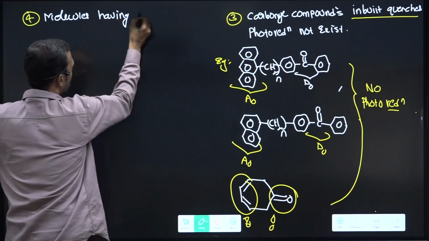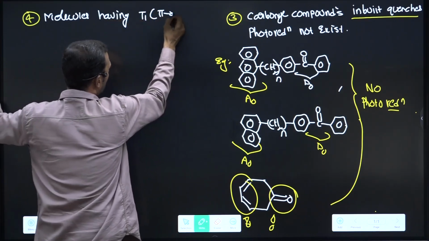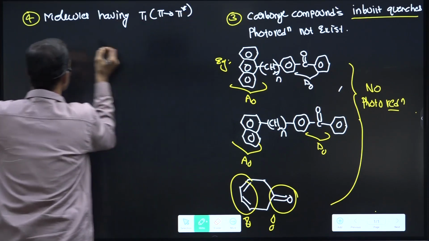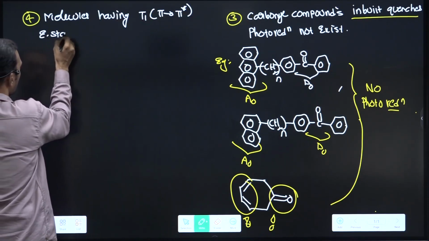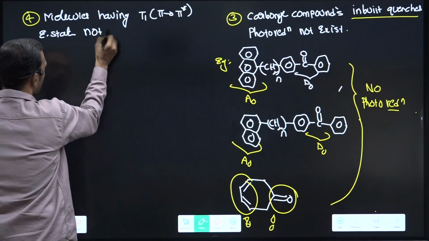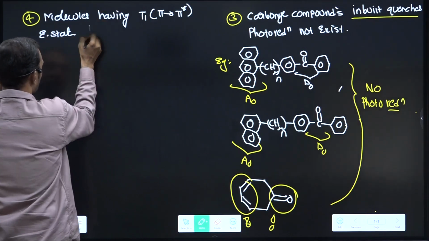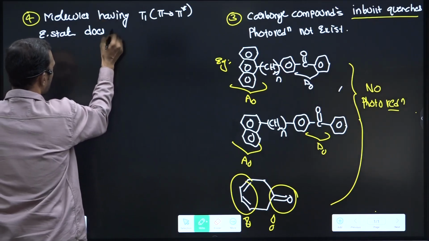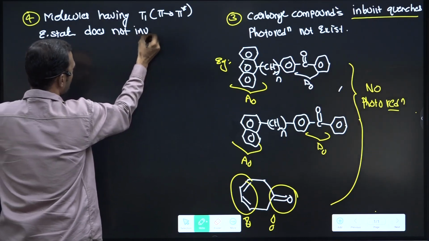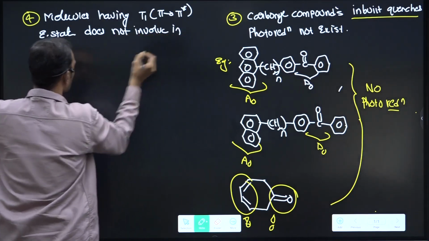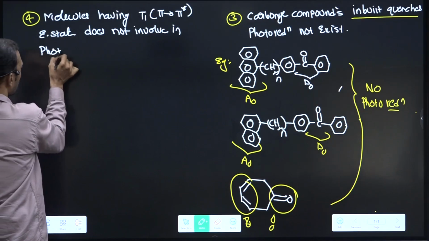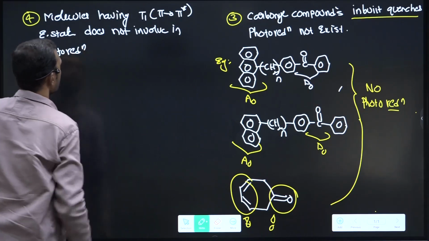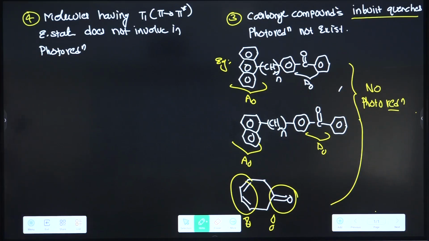So next, molecules having T1 pi to pi star excited state do not get involved in photoreduction. Some molecules have T1 pi to pi star. The low energy is pi to pi star, not n to pi star.